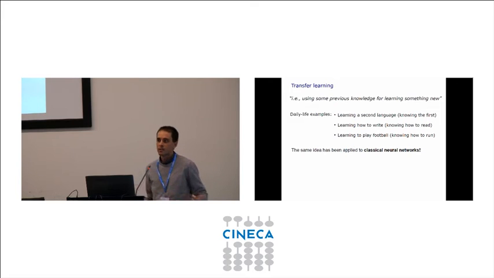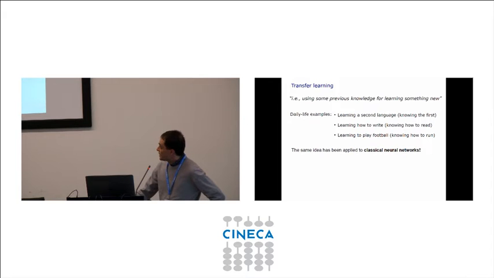It's related to how our human brain works, because it's based on the simple fact that it is often very common to use our previous knowledge to learn something new. For example, if you learn a second language, you don't start from zero, learning all the grammar or the concept of words and so on. You use all the previous knowledge and you take a little step further to learn something new.